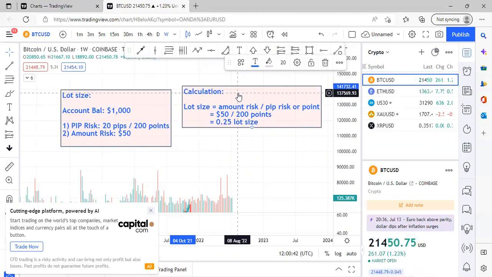So what you just need to do is get the lot size you are willing to risk in the market. Do your simple calculation and get your lot size. With this calculation, even if the market goes against your analysis, you will not lose more than the $50 that you have planned for.